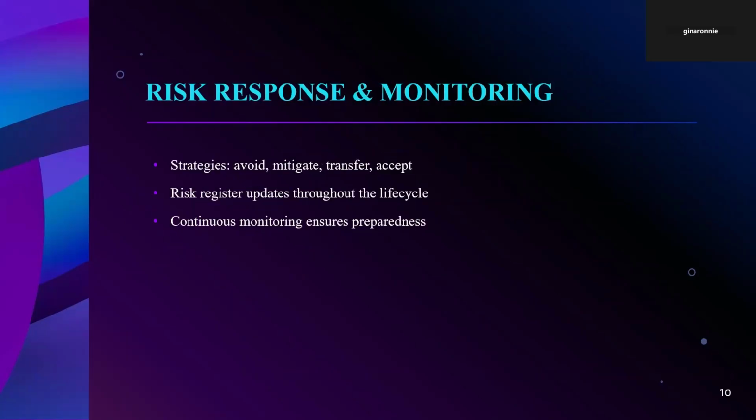Now, in terms of risk response and monitoring, once risks are analyzed, we select strategies including avoidance, mitigation, transfer, or acceptance. Risks must be appropriately documented and must be updated throughout the project lifecycle. Continuous monitoring ensures that new risks are identified early and existing risks are managed effectively.